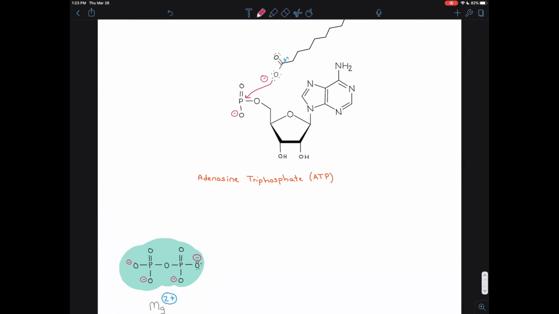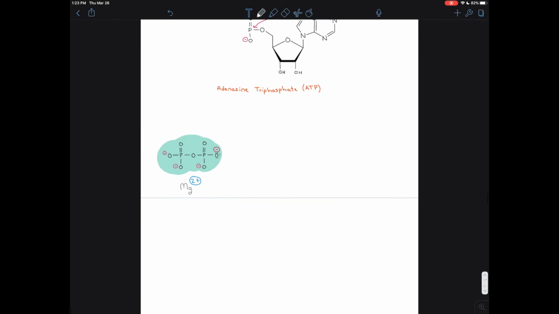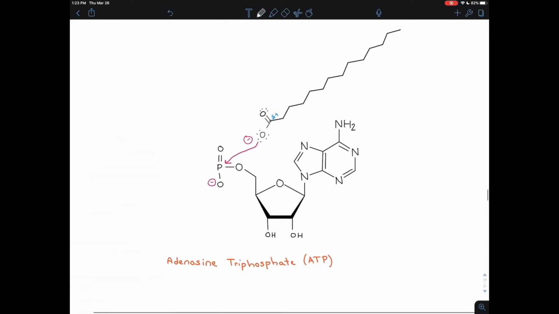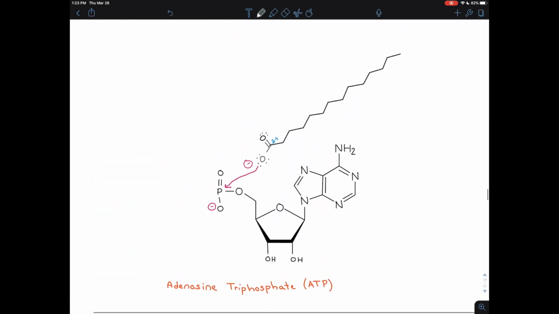So this inorganic diphosphate, which is symbolized as PPi, right? 2 phosphates, 1, 2, and it's inorganic because it's not bonded to carbon at all. So that diphosphate leaves, and I'm going to move this carbonyl, the double bond to the oxygen, over a little bit so that there's room for this incoming nucleophile to come in.